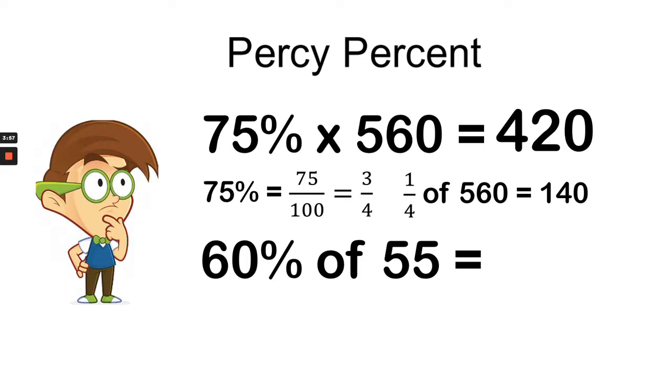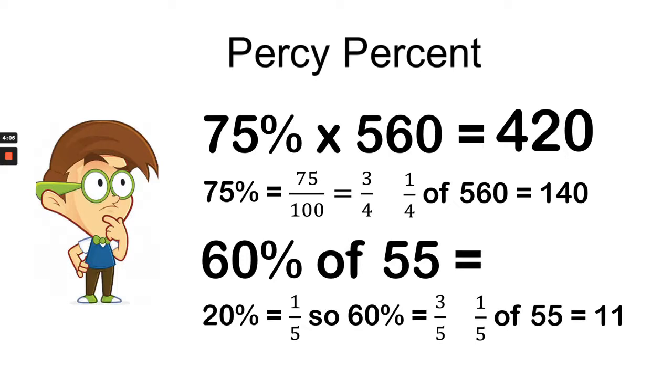Next one, Percy knows that 20% is a fifth, so 60% is 3/5. So step 1, he wants to find 1/5 of 55, which is 11, and now he wants 3 of those fifths, 3/5, to give him 33. Amazing job if you got both of those, Year 6.